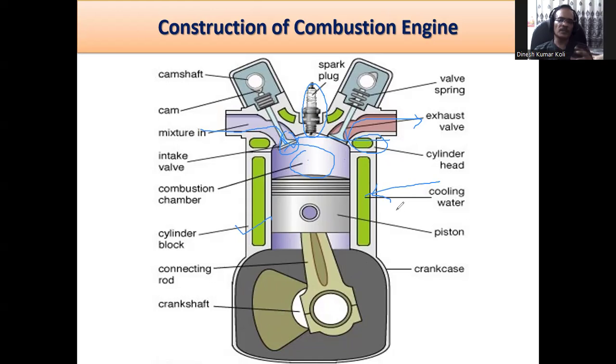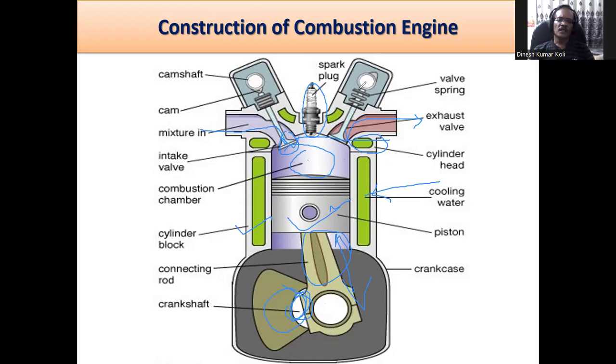This is the piston which reciprocates up and down, and this portion is called the connecting rod. The connecting rod is connected between the piston and a crank. This portion is called the crank, and this white portion is called the crankshaft. So this connecting rod is the link between a crank and the piston.